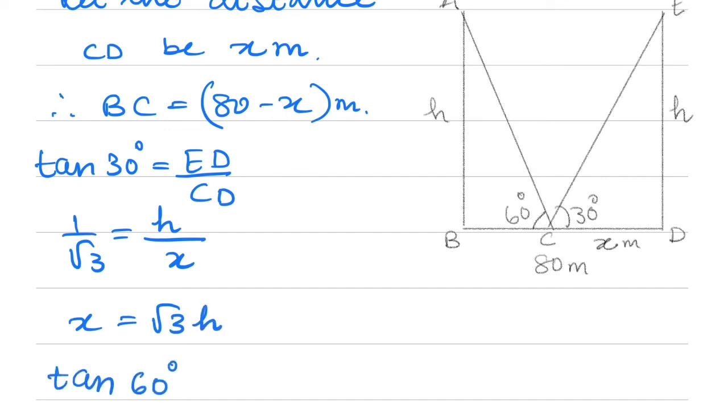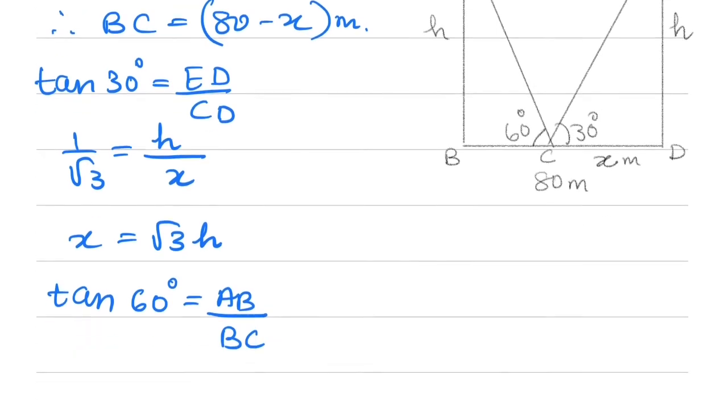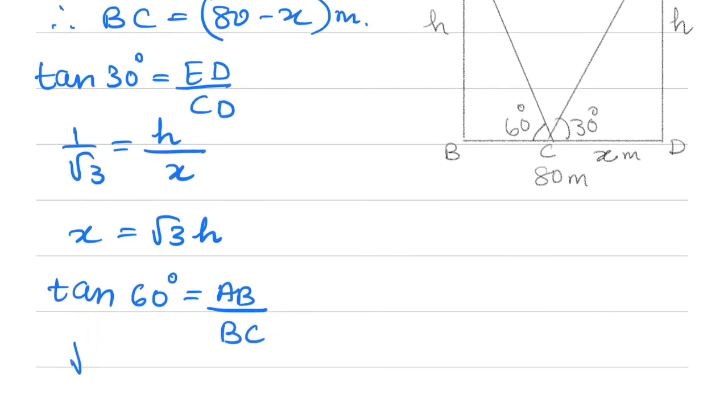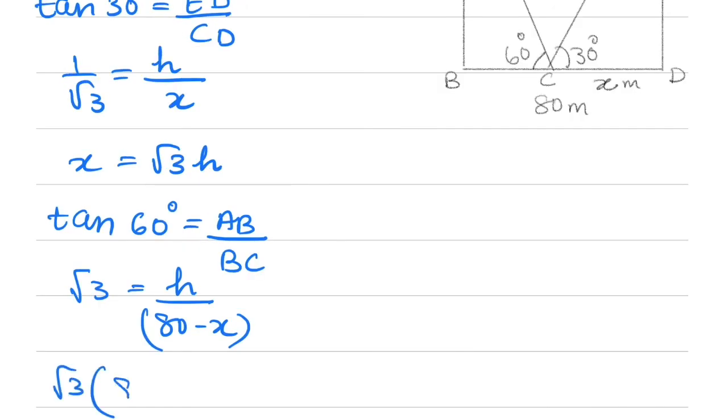So tan 60 degree is equal to AB by BC. Tan 60 degree is root 3 and AB is H and BC is 80 minus X. We have root 3 times (80 minus X) is equal to H.